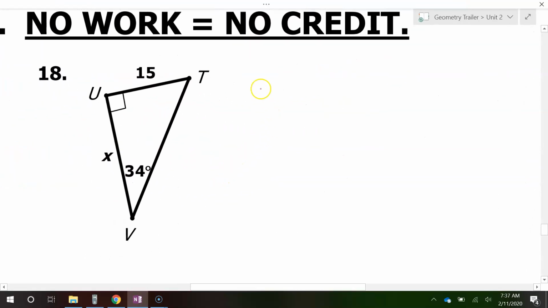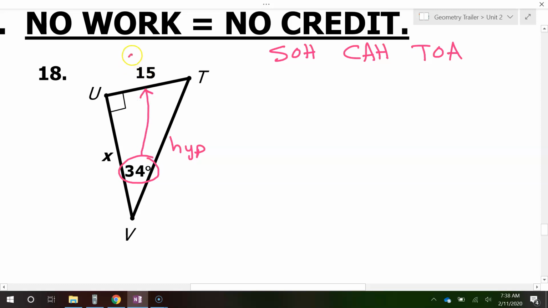Number 18, SOHCAHTOA all the way. All right, where's the hypotenuse? It's across from the 90-degree angle, so this is the hypotenuse. Circle the angle that you are given. Draw an arrow. That'll be the opposite side.